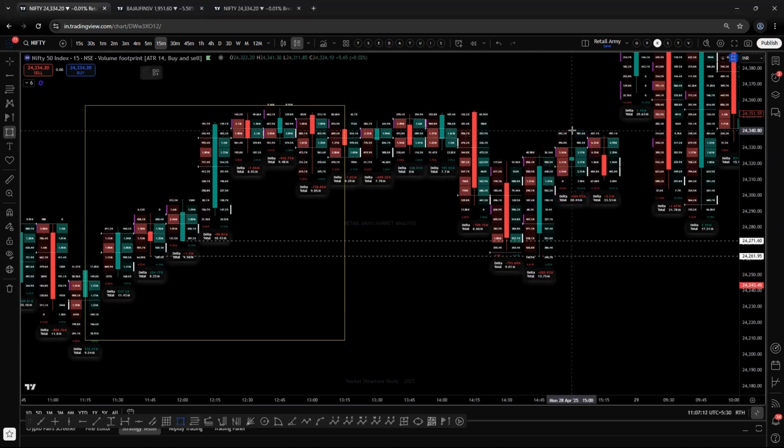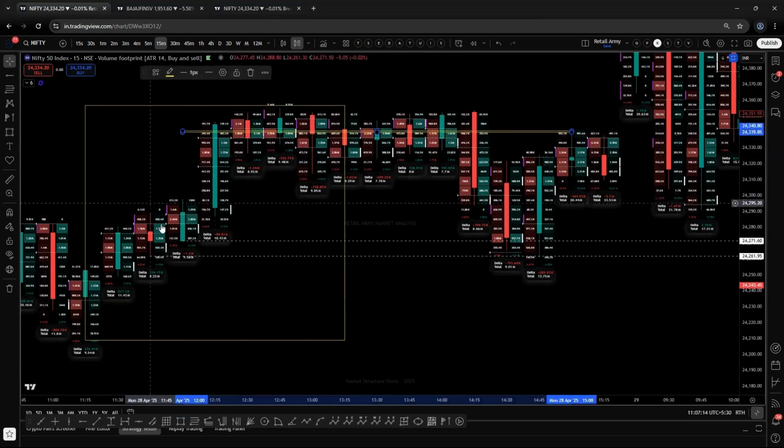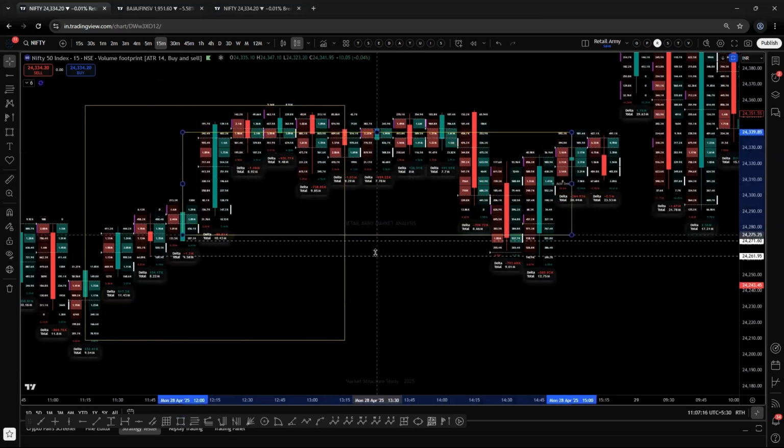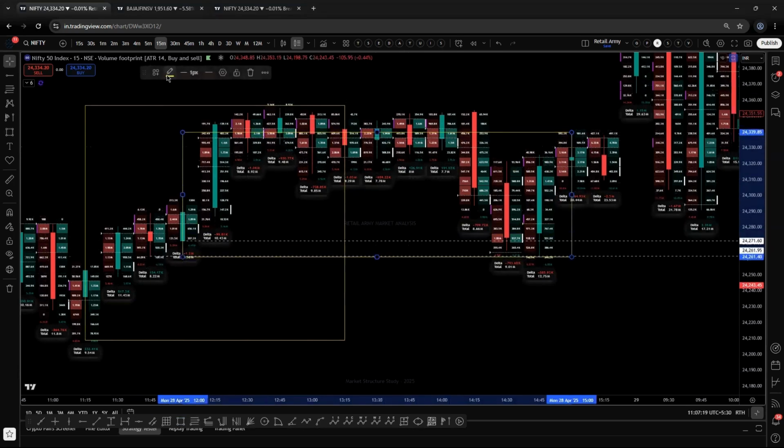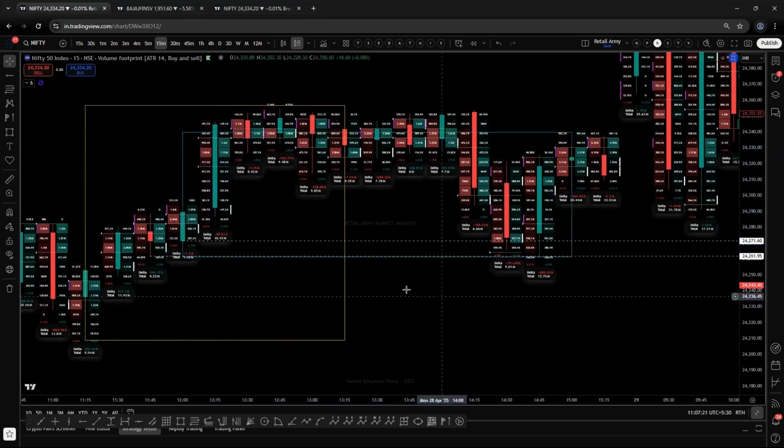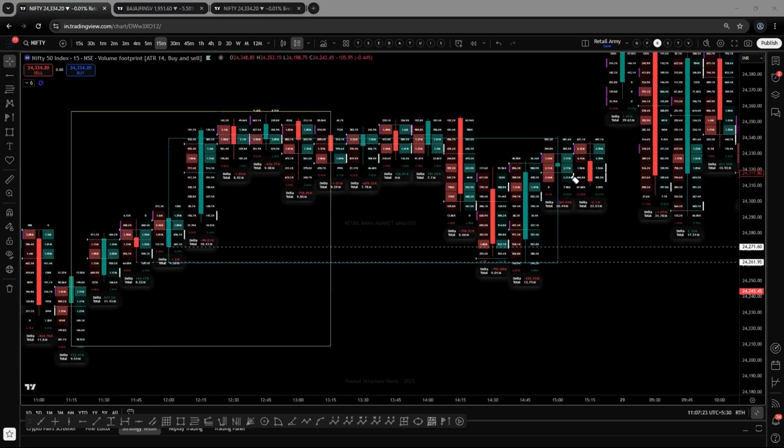It is overlapping with this zone. These two are overlapping, correct? So there is one zone of operator activity, and there's another zone of operator activity. These two are merging, overlapping against each other in price.